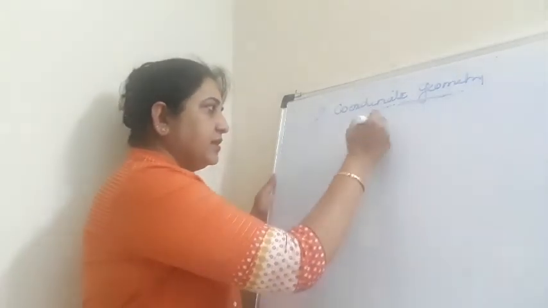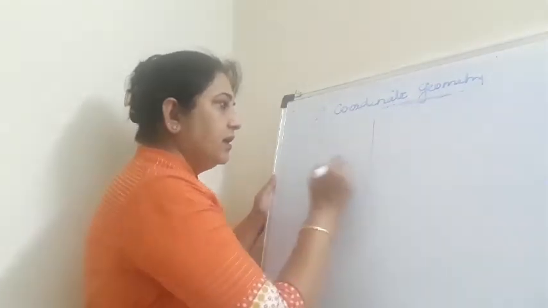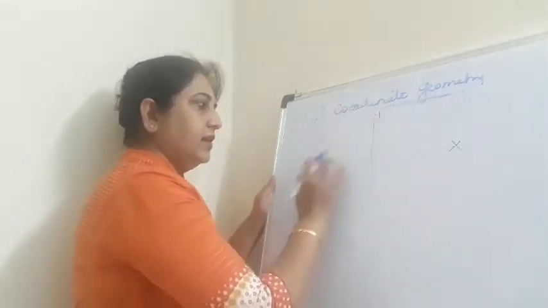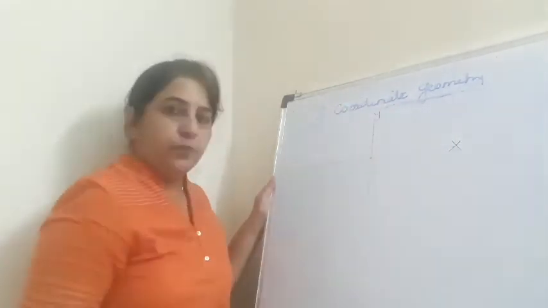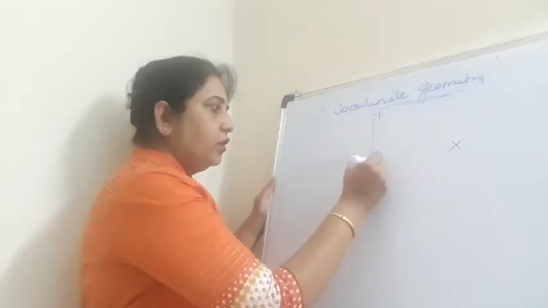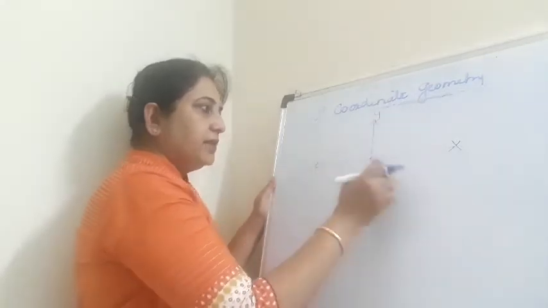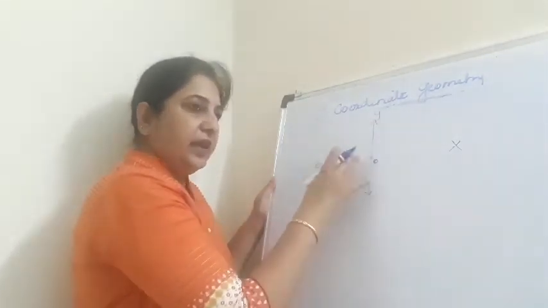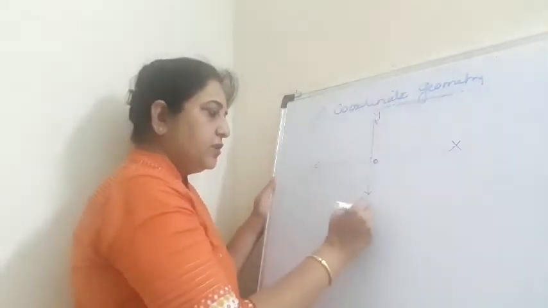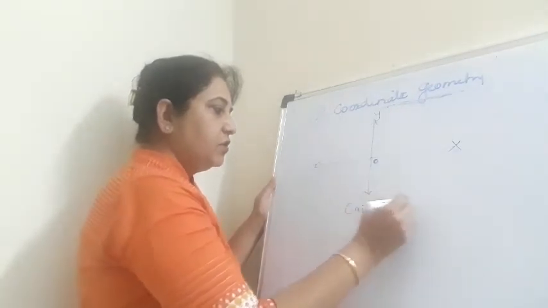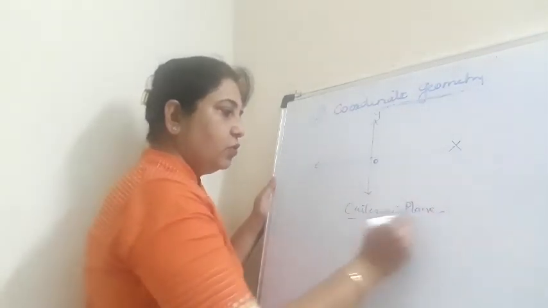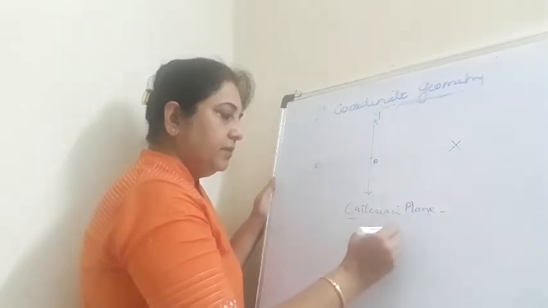When the x-axis and the y-axis intersect at a point, this point is called O, right? And these four parts of this plane, this whole thing, is called a Cartesian plane, which is also called a coordinate plane.